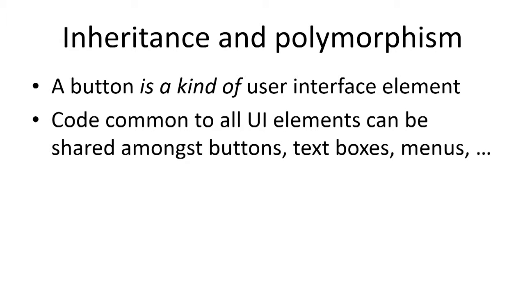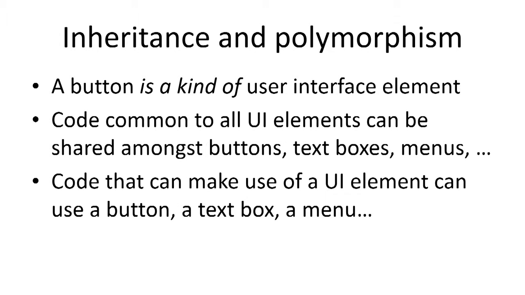And so the idea of inheritance is that if you have some bit of code that is common to all of those things, then you put it in one place, and then you share it amongst all of those things. So the code gets reused through a mechanism of inheritance. You say, we have this one kind of thing, a user interface element. It has some code. We create another kind of thing. A button is a kind of user interface element, so it gets to use some of that user interface element's code.